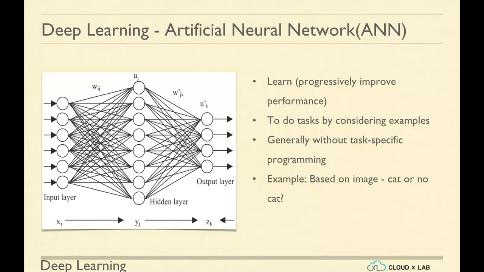So the way you can think of a neuron is it basically accepts inputs and gives out output. The interesting part about a neuron is that each neuron contains something called a weight, and the weight keeps on changing.